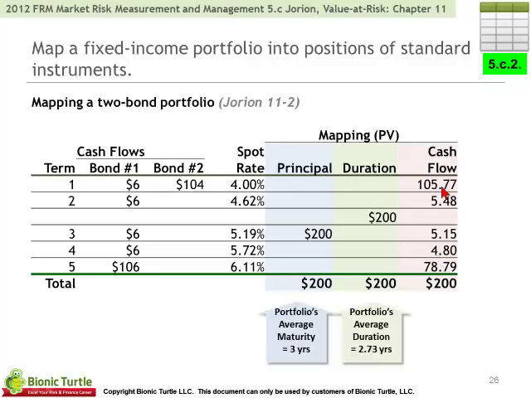And so we have 1, 2, 3, 4, 5. We're mapping to 5 term structure points: the 1 year 0 rate, the 2 year 0 rate, the 3 year 0 rate, the 4 year 0 rate, the 5 year 0 rate. But also again, in sum, we're mapping the market value of the portfolio.